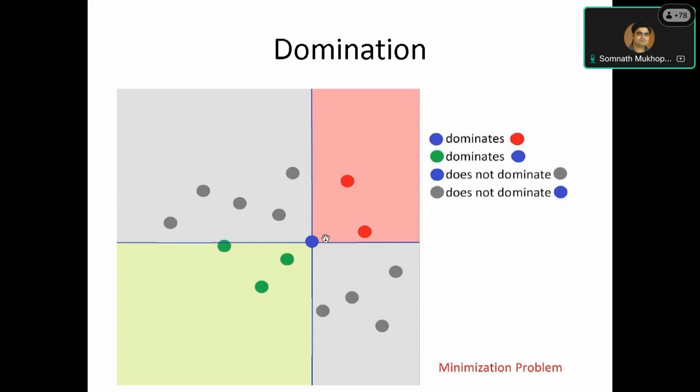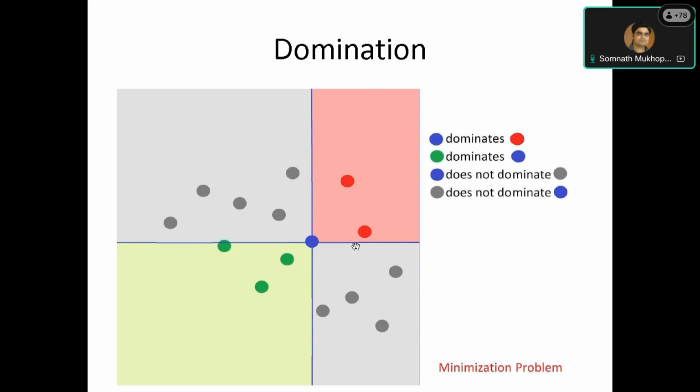This way we can sort two solutions. Here is one example. If this is a minimization problem in the xy axis, the blue ball dominates the red ball because the blue ball has a smaller x value and a smaller y value. So it strictly dominates the red ball.